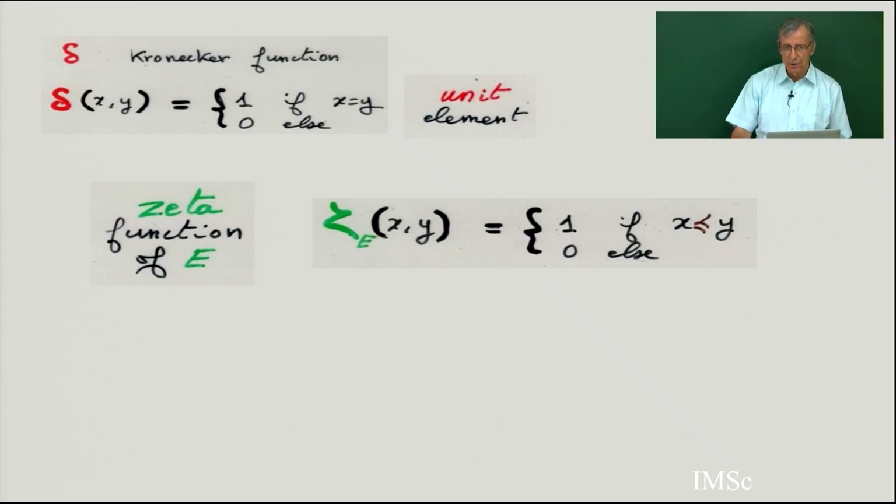The second special function is the zeta function. The zeta function of the poset, the zeta of a pair xy, is 1 if x is less than y and 0 otherwise. It's a constant function for any pair for which f is defined. Any comparable pair, you get 1.